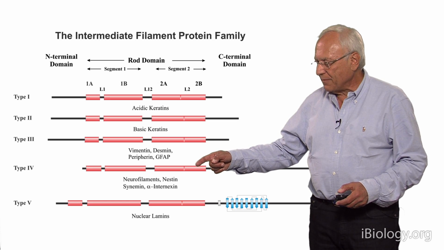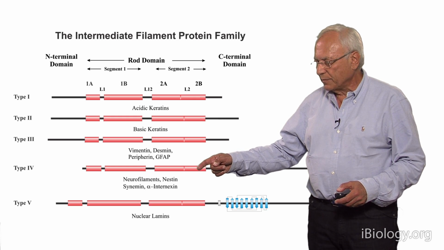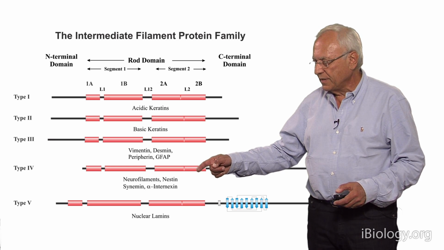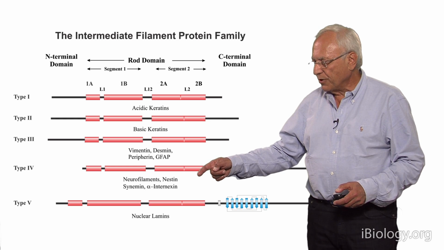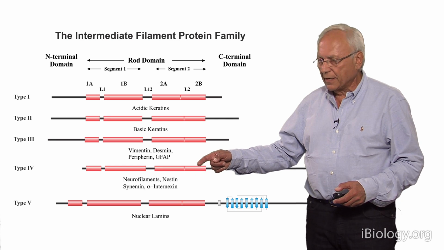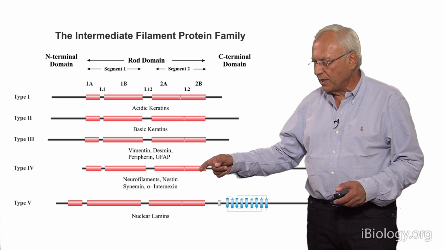And then the type 4 intermediate filaments, the last type in the cytoplasm, consist of neurofilaments, which are actually 3 protein chains forming a complex mainly found in the nervous system, nerve cells of the brain and the spinal cord and the peripheral nervous system, and a protein called nestin, which is expressed mainly during early development, synemin and alpha-internexin, which are other forms of intermediate filament proteins, which also form complex polymers.